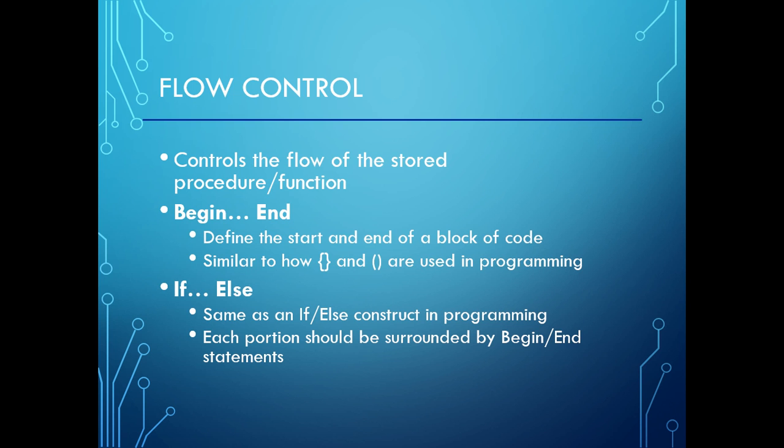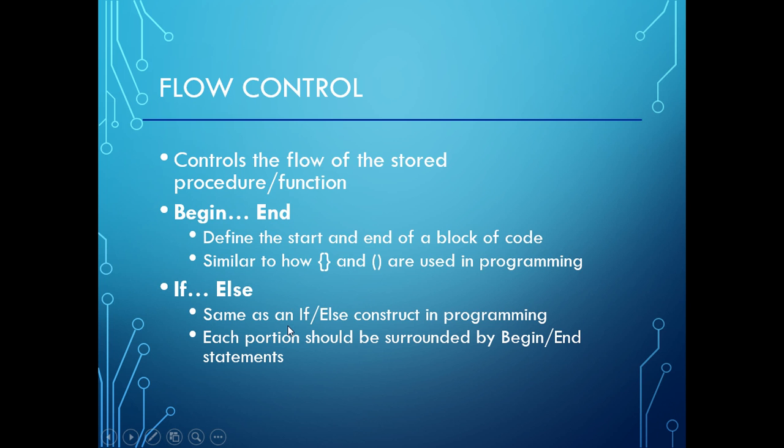So let's talk a little bit about flow control. Flow control are pieces in the programming language, so in T-SQL, that define different paths through the code. So begin and end define the start and the end of a block of code. So it's kind of like curly braces or parentheses in programming.